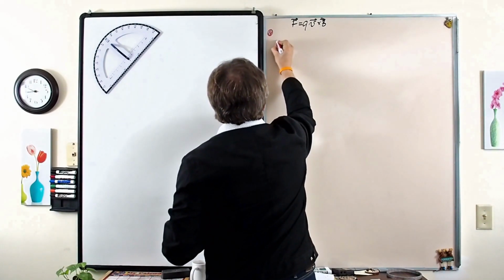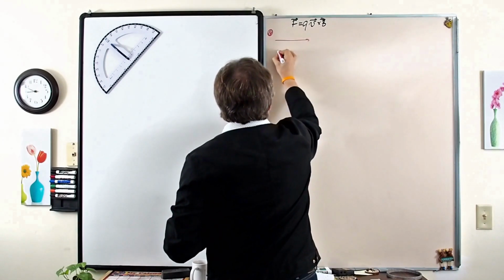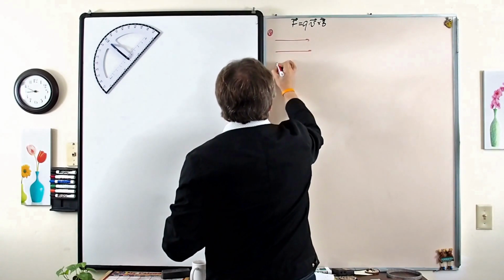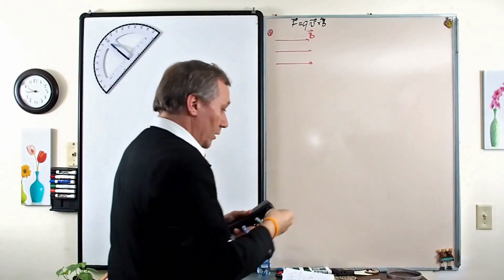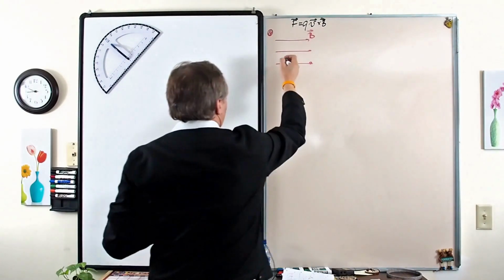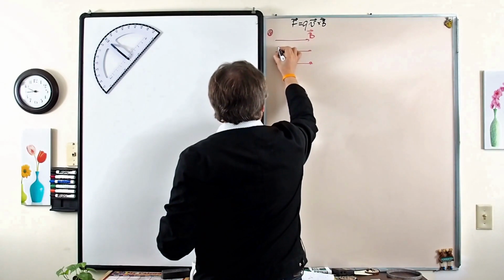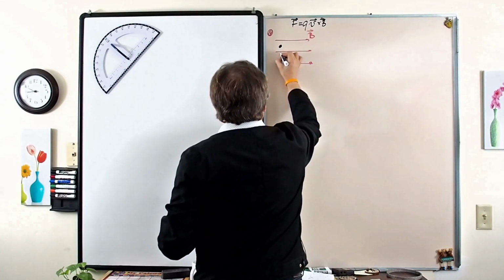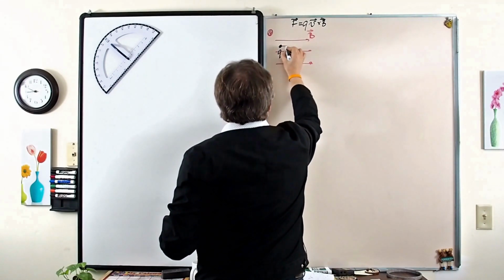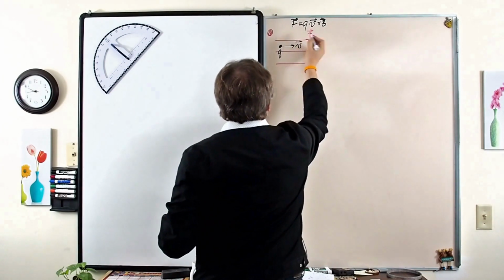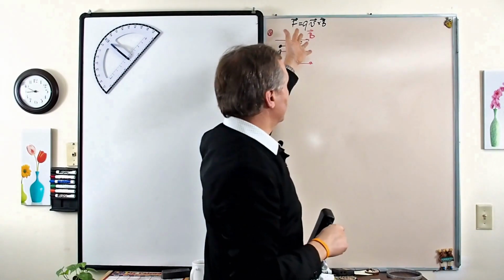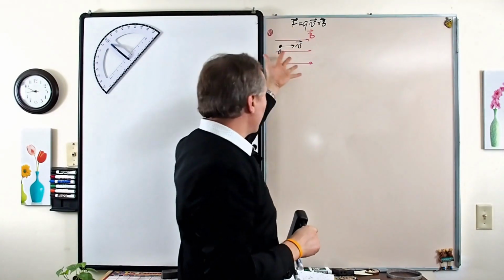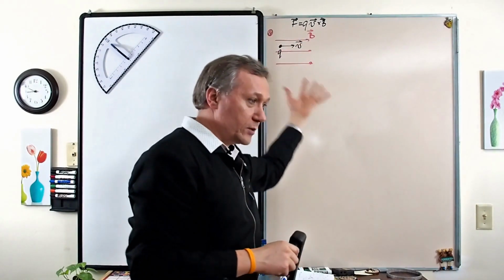First situation. If we have magnetic field lines pointing this way, so let's say this is B, and let's assume that we have some charged particle, positive or negative, it doesn't matter. Let's say we have charged particle Q traveling with velocity v in that direction. Since there is a charge exposed to the magnetic field, there might be some magnetic force.